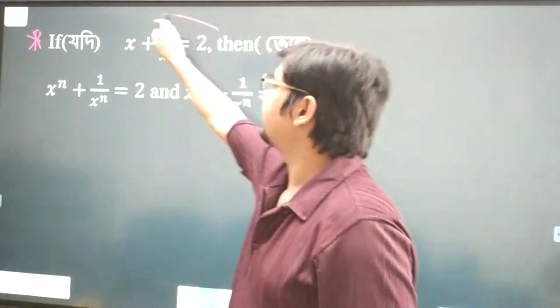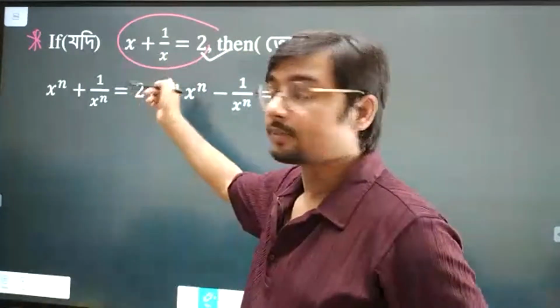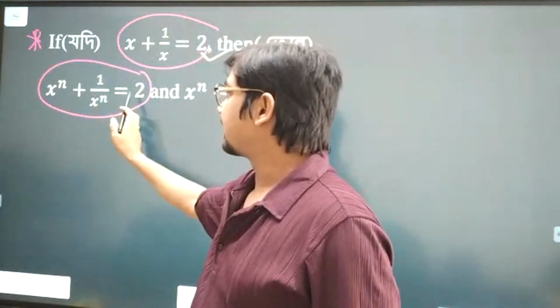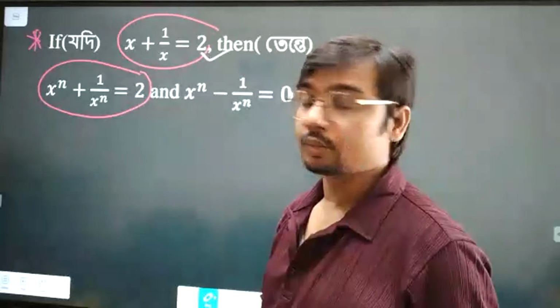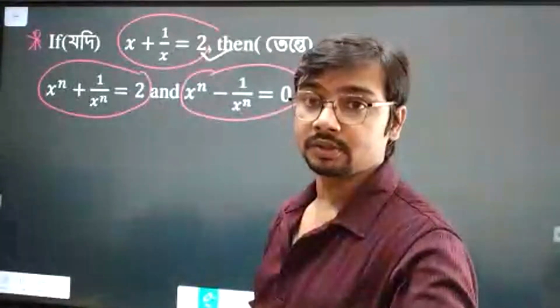You see, if x plus 1 upon x is 2, then x to the power n plus 1 upon x to the power n always will be 2, and x to the power n minus 1 upon x to the power n always will be 0.